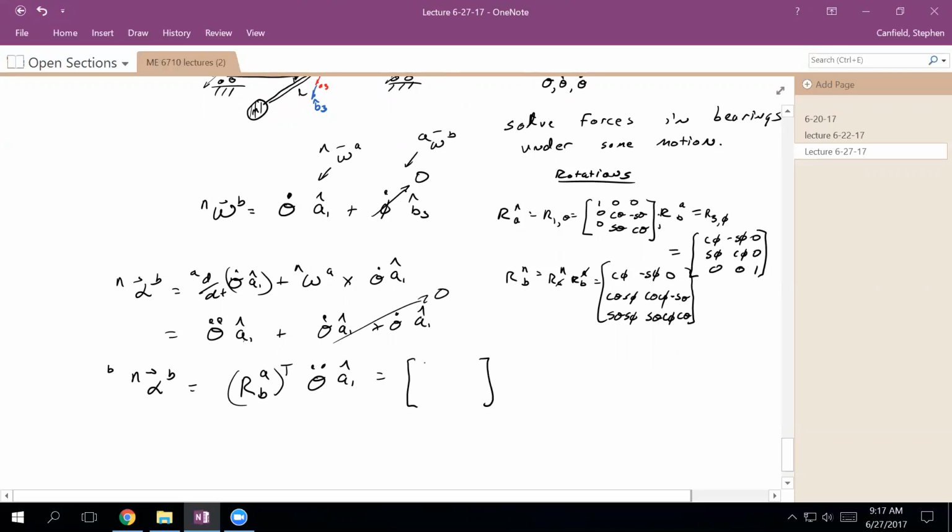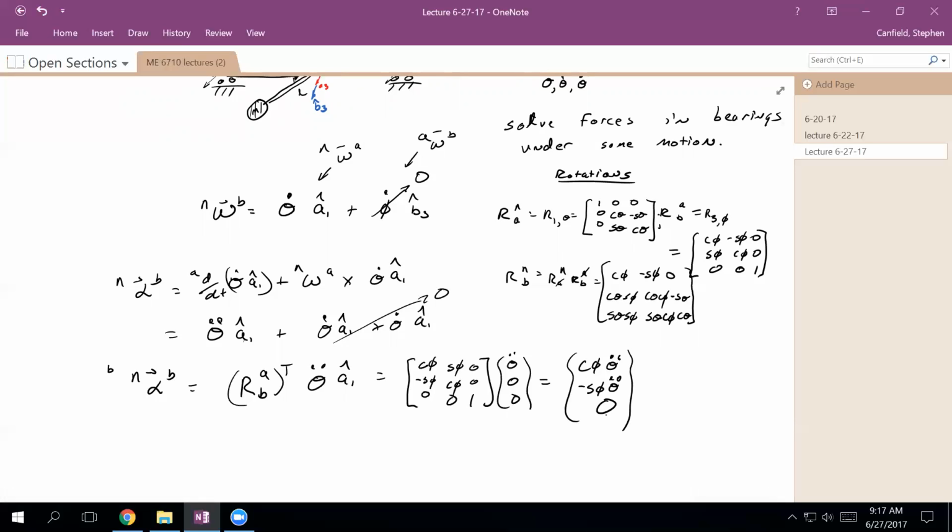I'll write out my transpose of this: cos phi, negative sine phi, 0, sine phi, cos phi, 0, 0, 0, 1, times theta double dot, 0, 0. And that gives me cos phi theta double dot, negative sine phi theta double dot, and 0. That's my angular acceleration, and that's in the B-frame coordinates.